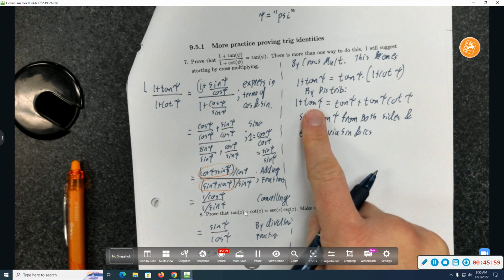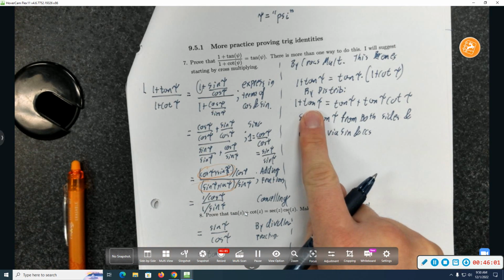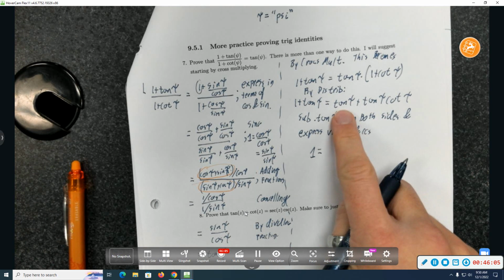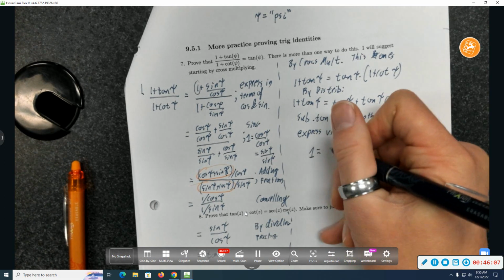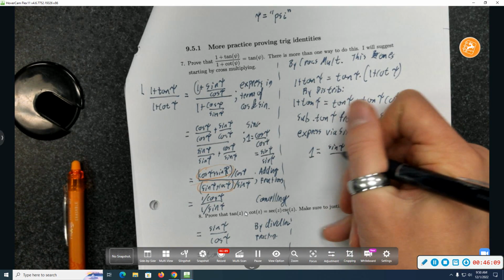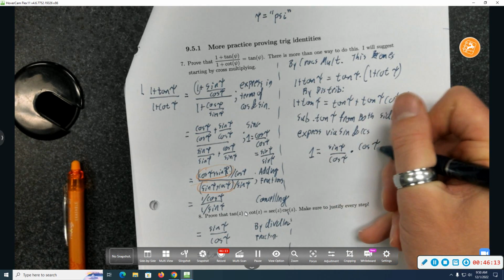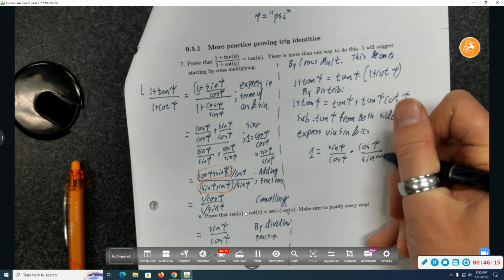So I subtract tangent from the left-hand side, I just have 1 equals, subtract tangent, that piece goes away, this becomes sine psi over cosine psi times cosine psi over sine psi.